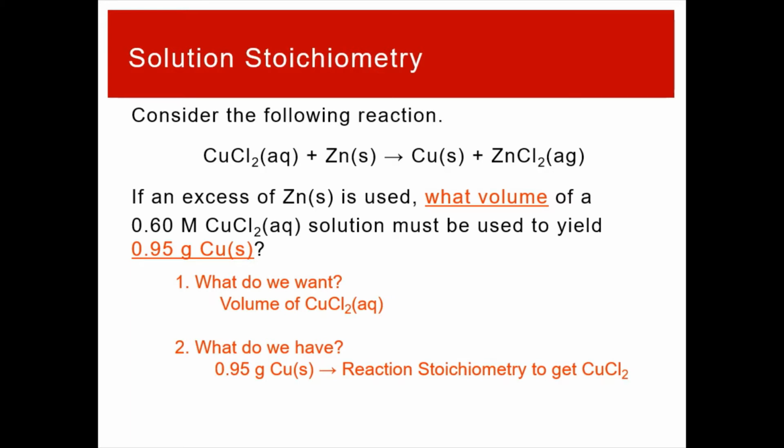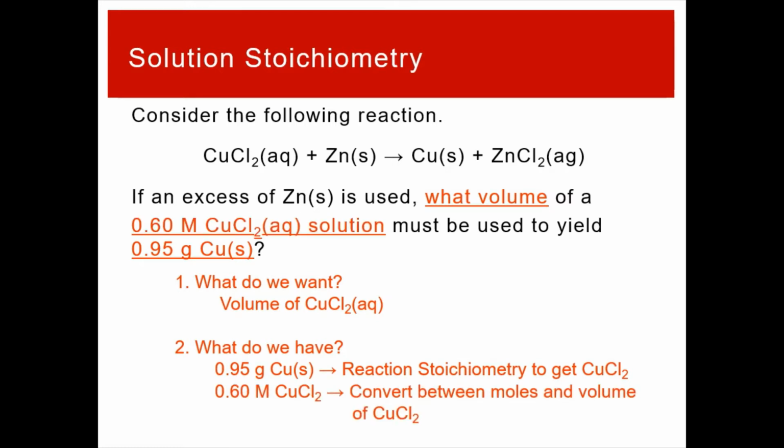I'm given this amount of copper product that I want, and I'm going to be doing some stoichiometry to relate it to the copper 2 chloride. The other piece of information that I have is the 0.6 molar CuCl2. Now, we may be tempted to see that amount, that 0.6 molar CuCl2, and try to use that as our starting point.